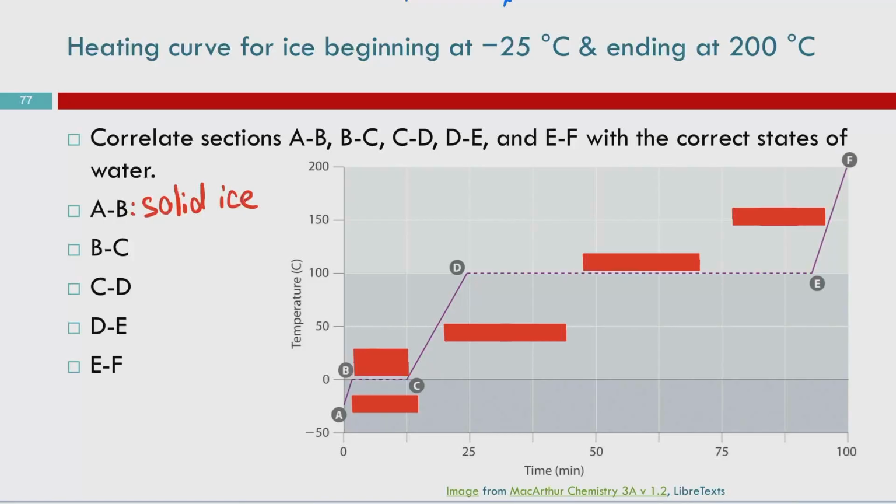And then from B to C, what's happening to our temperature during this stretch? It's staying consistent. Why is it staying consistent? What's happening during that B to C? The ice is melting. So we have ice. As the ice is melting, what state is that going to? So we've got solid. We also have liquid.